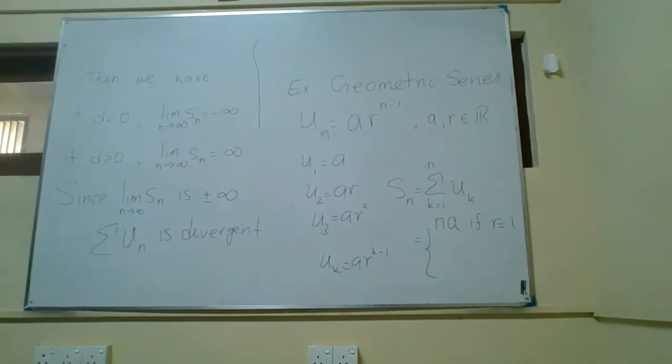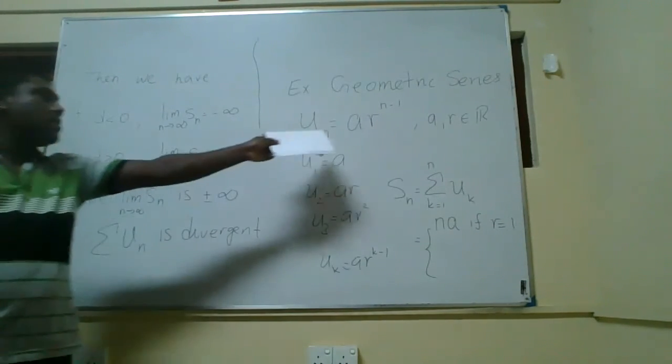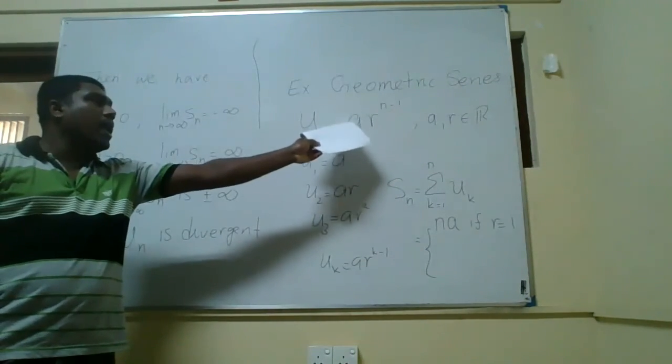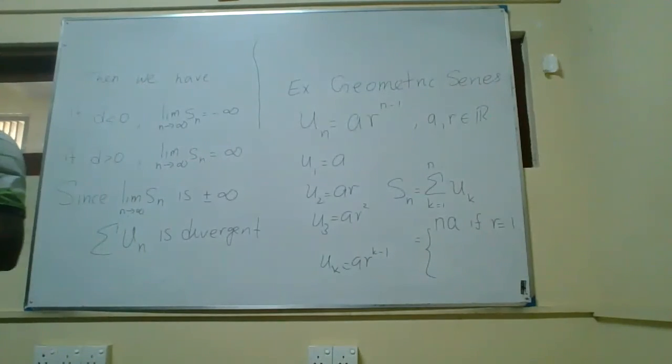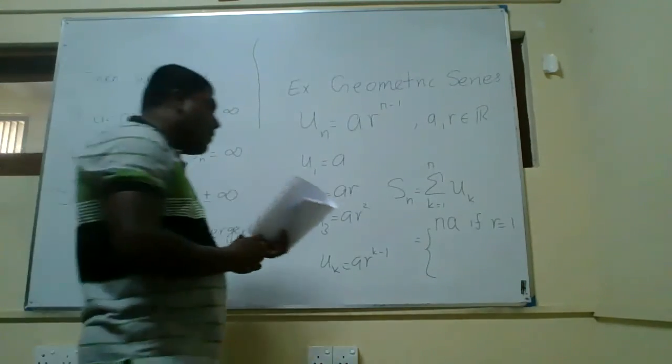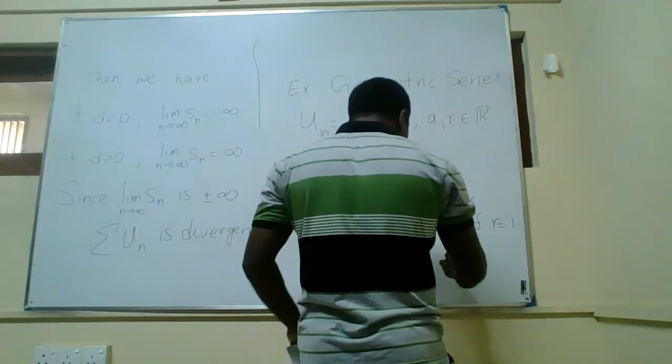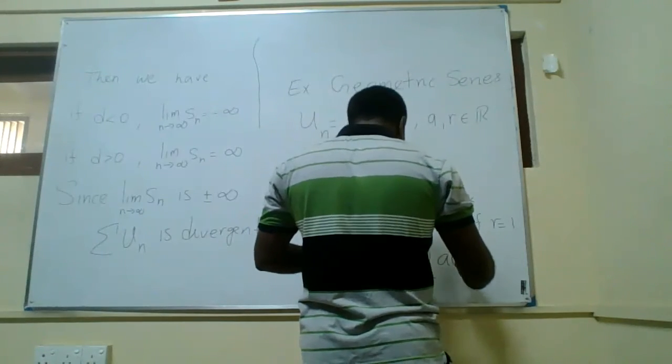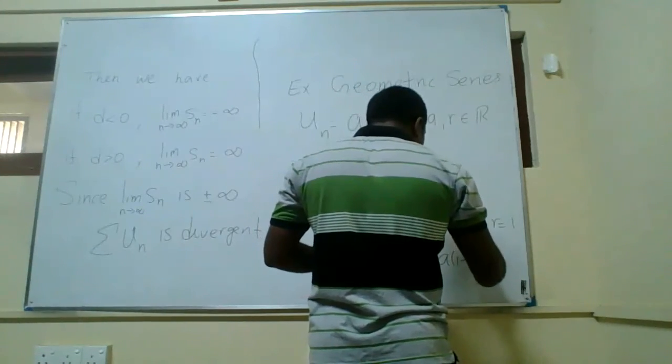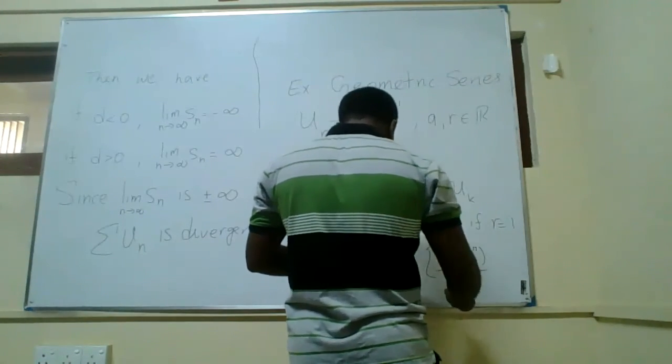As long as r is 1, this term is always a. So that's clear. Now the other case is r not equal to 1. When r is not equal to 1, you probably know the sum, but you can always find it.